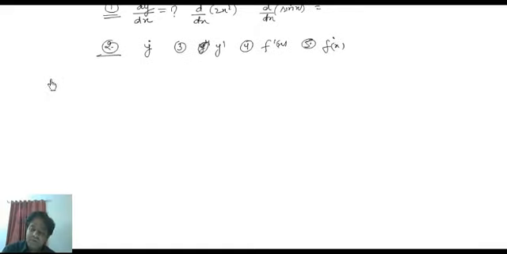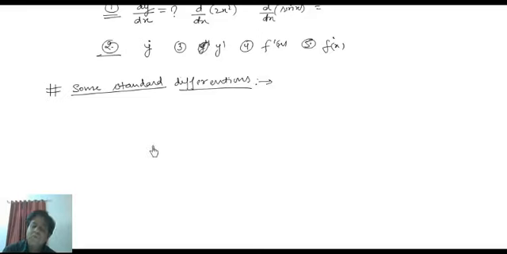And now we are going to understand some standard differentiations which we all have to remember. These are 11 basic standard differentiations which we have to remember.